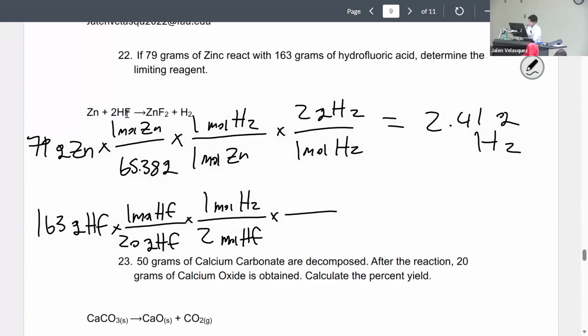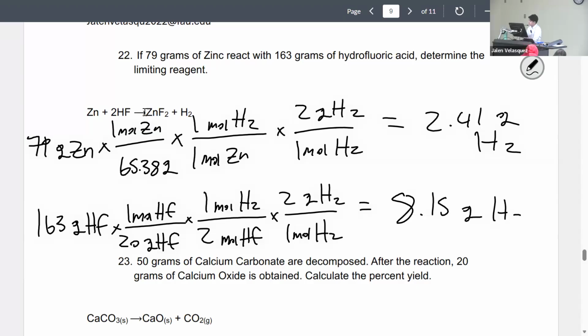And then finally, the grams of H. This amount of HF will yield 8.15 grams of hydrogen. Obviously 2.41 is smaller than 8.15, so zinc is the limiting reactant. Zinc is going to run out first.